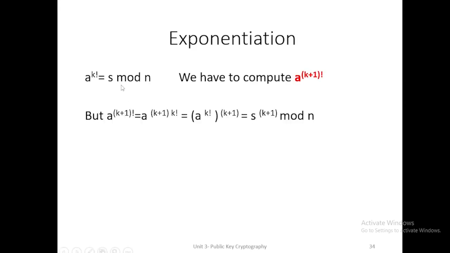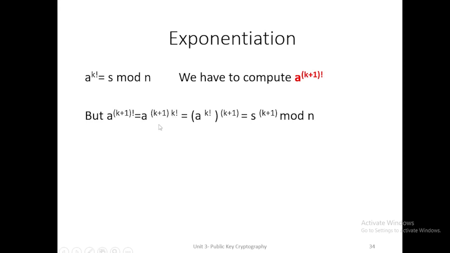For example, a power k factorial mod n is equal to s mod n, and we have to compute a power k plus 1 factorial. We already know that a power k factorial value is s mod n, and we need to find a power k plus 1 factorial. So we can write k plus 1 factorial as k factorial into k plus 1.